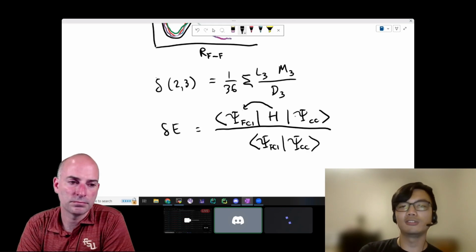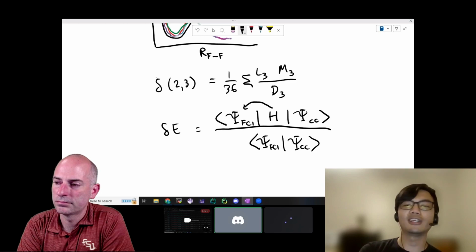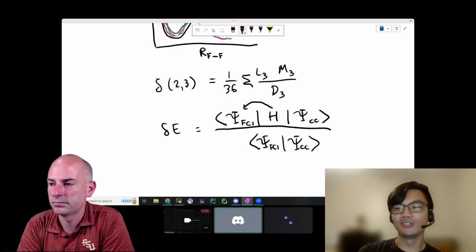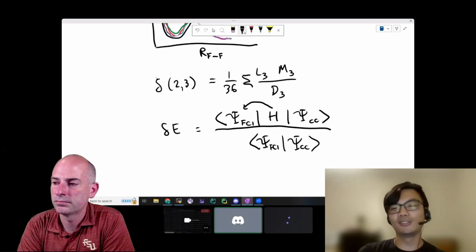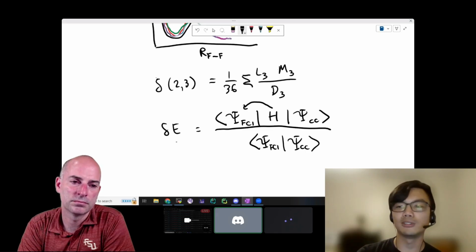You're trying to project full CI onto CC from the bra to the ket side, basically. You're trying to capture that. And this is much more robust than trying to build triples, quadruples, and so on using perturbation theory arguments.